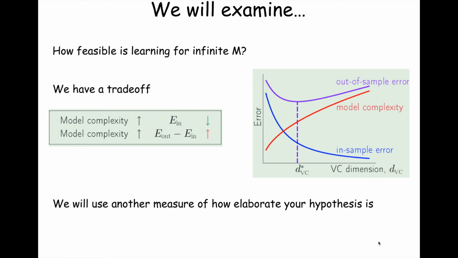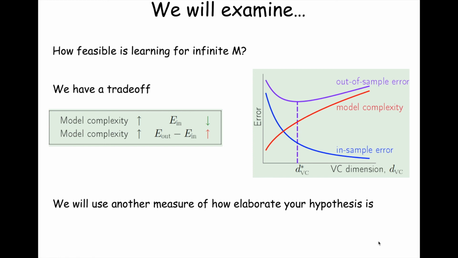So generally, if model complexity increases, in-sample error goes down, and we see that with the blue curve. Likewise, if model complexity increases, generally E_out minus E_in, how much they diverge, is going to get bigger and bigger. Here they're tracking, but you notice that the gap is starting to get bigger and bigger, and once you get here, they really start to diverge from one another, okay?